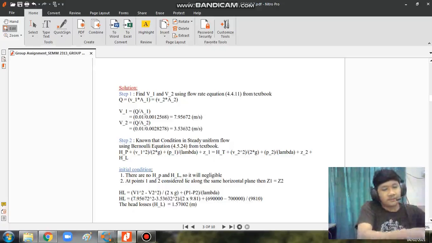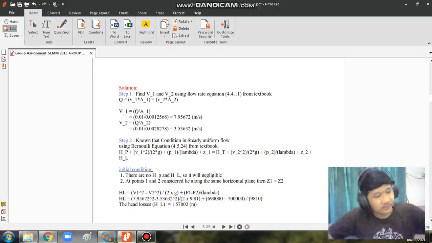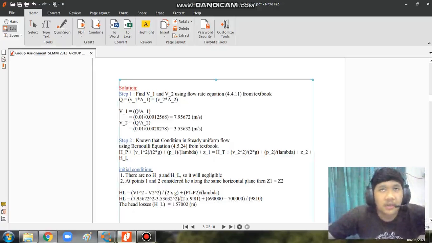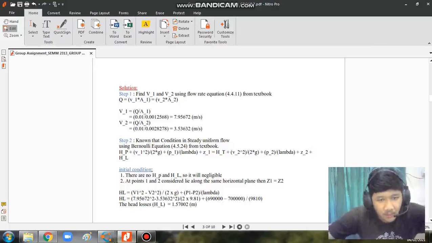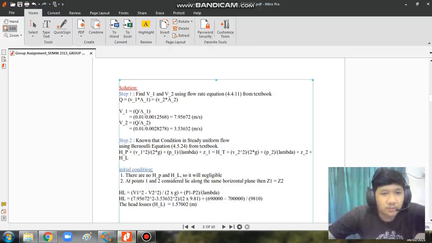I take the equation from this, and also another equation from this, needed for this question. As we know, the equation for V is equal to Q over A. Q is the flow rate and A is the area.